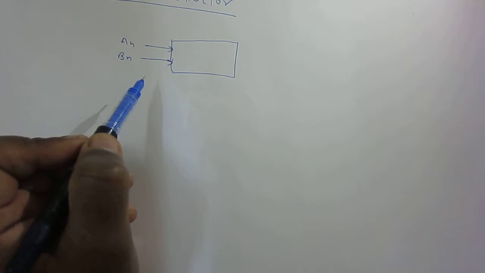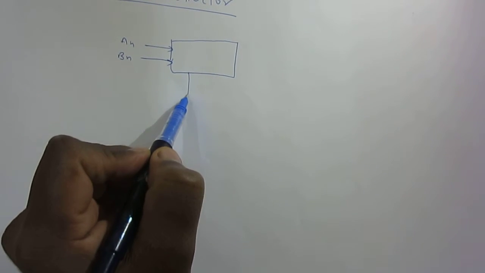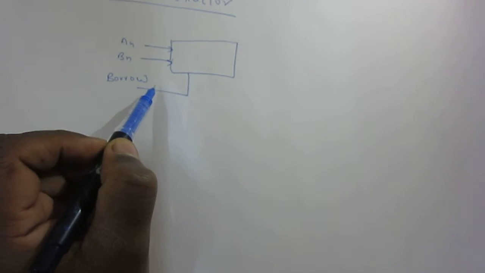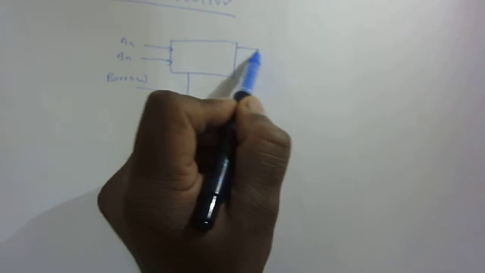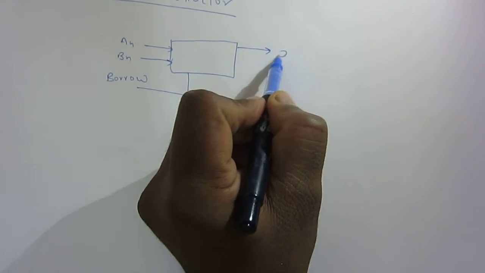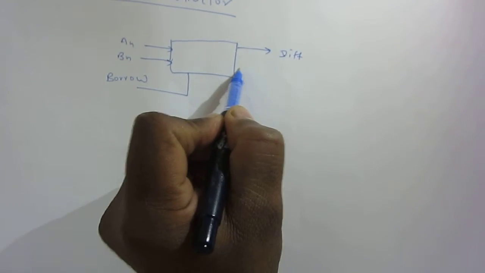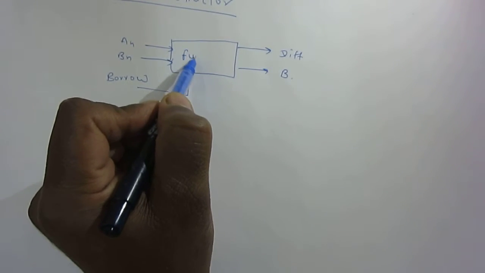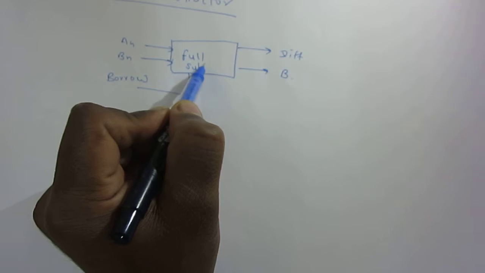Along with that, we have another input, which is the borrow. The output of the full subtractor has two parts: one is the difference, and the other is the borrow. So this is the schematic of the full subtractor.